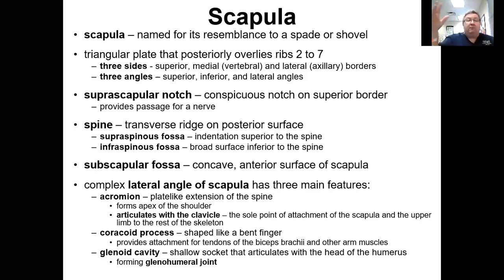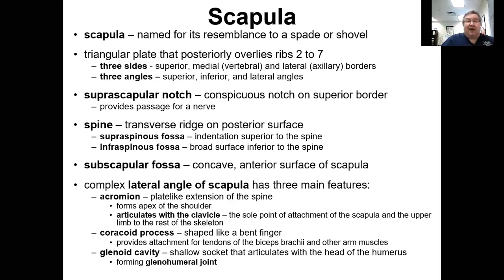On the superior portion of the scapula, there is a suprascapular notch, and again, the word is telling you where it is. Supra means above. Suprascapular, above the scapula. And it's a notch. It looks like just a little area, a little hole that is a half a hole.